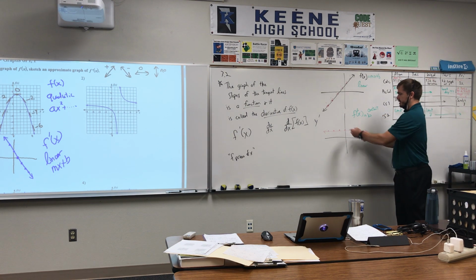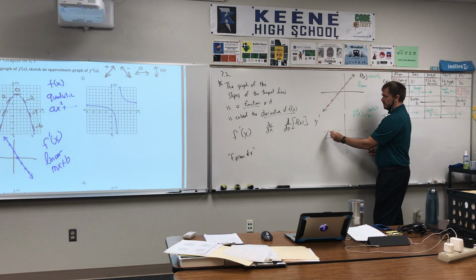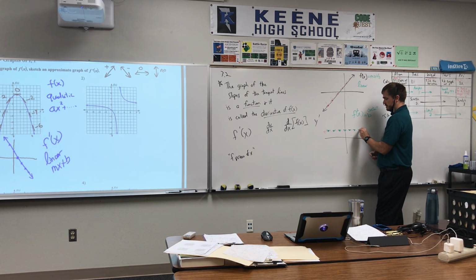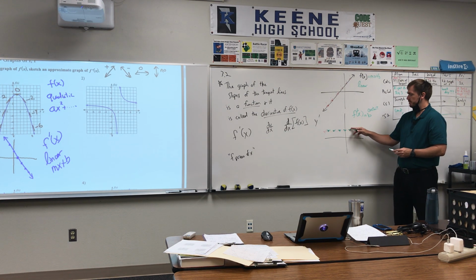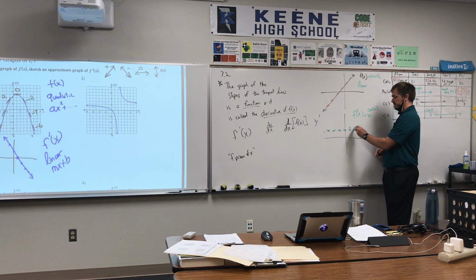Let's just do it for this one right here, shall we? What is the slope right here? Sorry, I'll start drawing some local linearization. Kirsten, what's the slope right here? It's 0. What about here? Here?